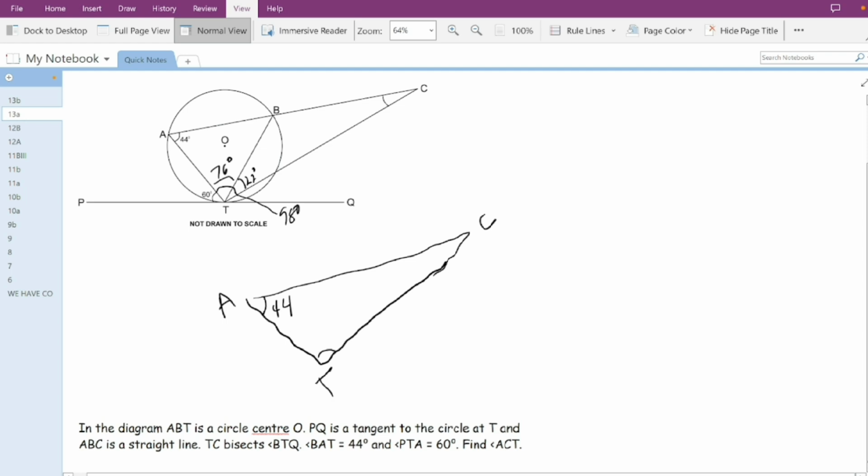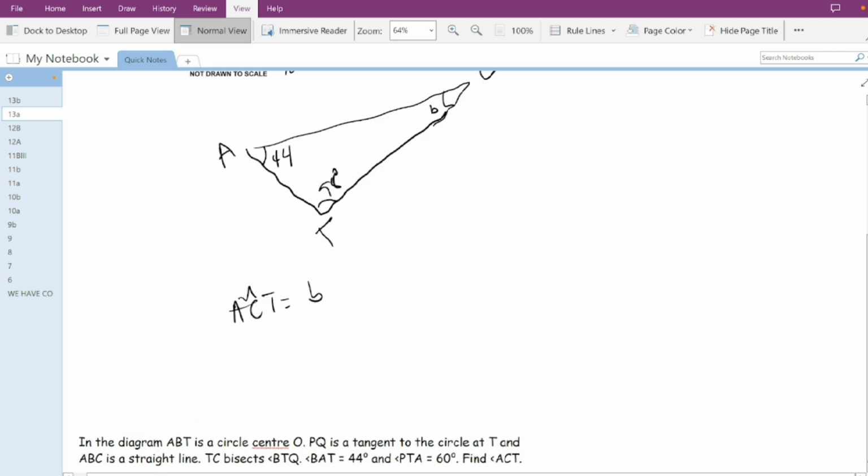And we have this angle to be 98. Then we can find angle C. That's sum of angles in the triangle. That's 44 plus 98 plus angle ACT should equal 180. You can say let angle ACT be B. The one we're looking for, this angle here is B. Then we can easily find it.